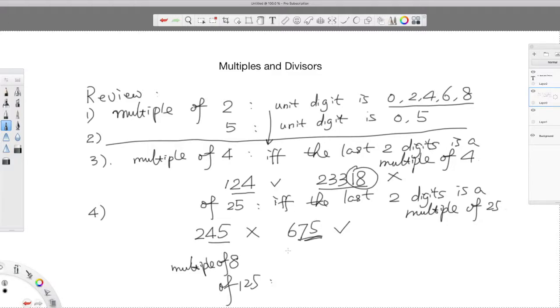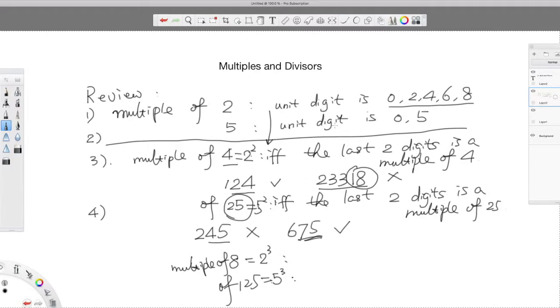Careful students probably already observed that 4 is 2 to the power 2, 25 is 5 to the power 2, and 8 is 2 to the power 3, and 125 is 5 to the power 3. So if you notice a pattern, for 2 and 5, you only need to check the last digit of a number.